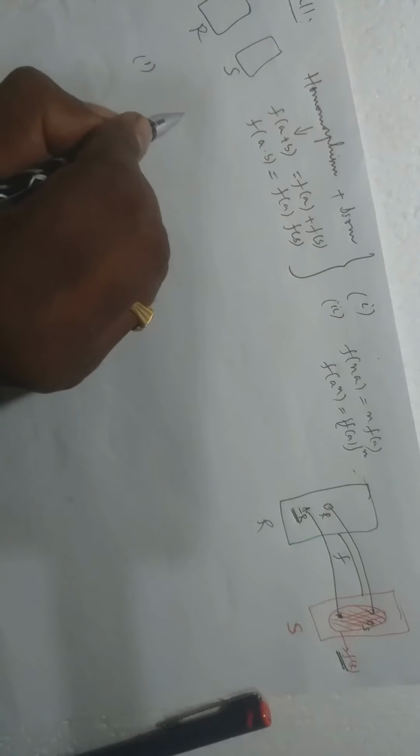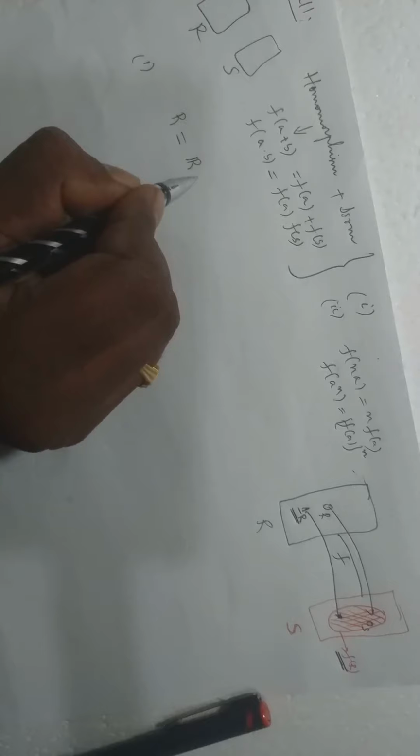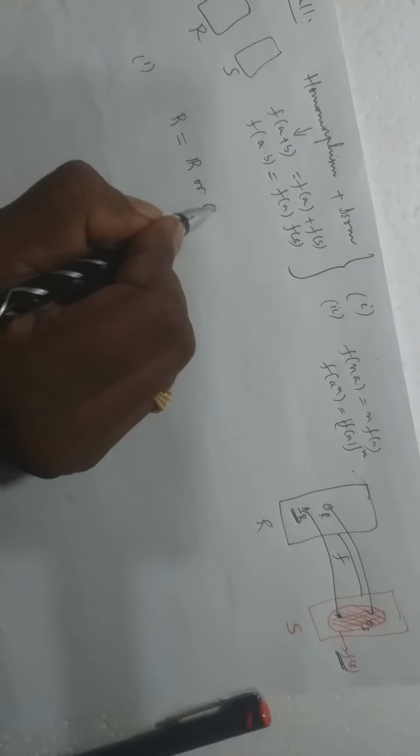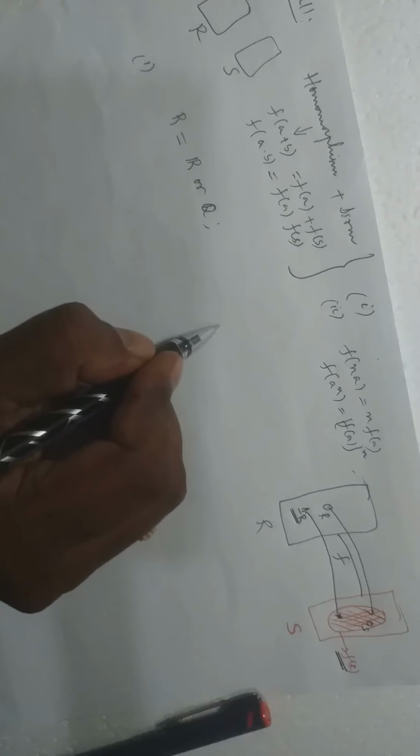So these are the things we discussed in the last class, and in this class I'll try to show how many such isomorphisms you can define on some rings. The first example I am taking is, if I consider the ring R to be the set of all reals or rationals, then how many homomorphisms can you define from R to R?